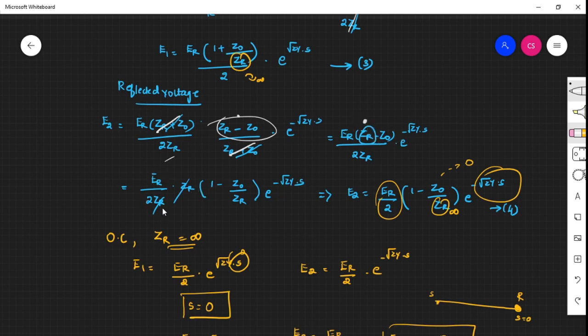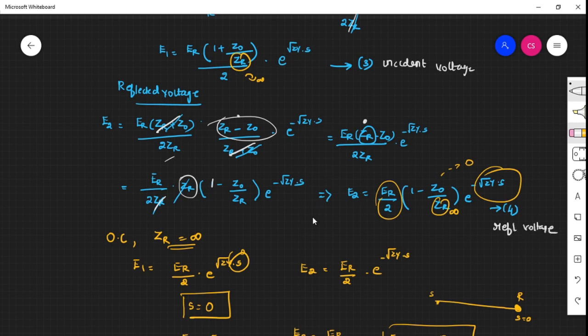So it becomes ER by 2ZR, and taking ZR commonly outside, this becomes (1 minus Z0 by ZR) into e power minus root of ZY into S. So this ZR and ZR can be cancelled, and the reflected component is ER by 2 into (1 minus Z0 by ZR) into e power minus root of ZY into S. So let us have this incident component, or incident voltage, as equation number 3, and the reflected voltage as equation number 4.